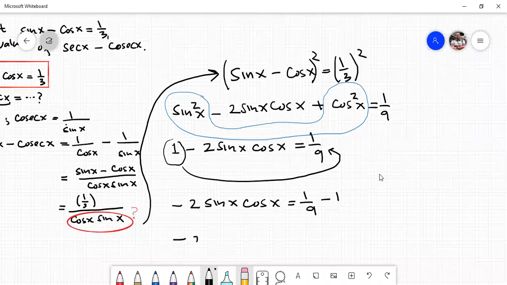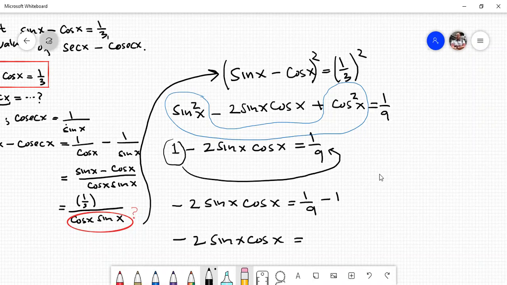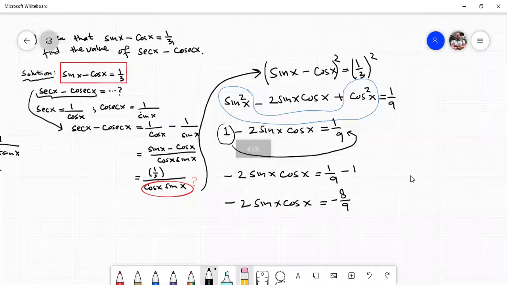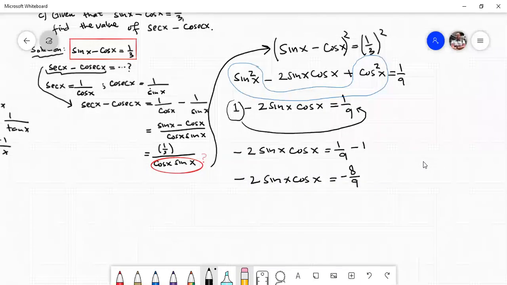Negative 2 sine x cosine x equals, what will we have? This must be negative 8 over 9. Then negative, negative, it becomes positive on both sides, because we have two negatives.